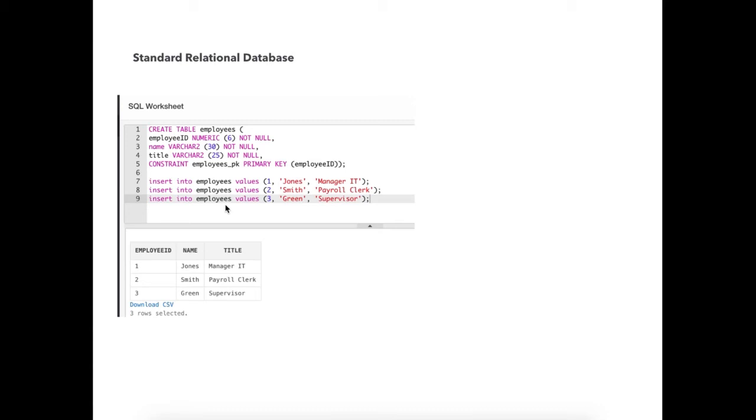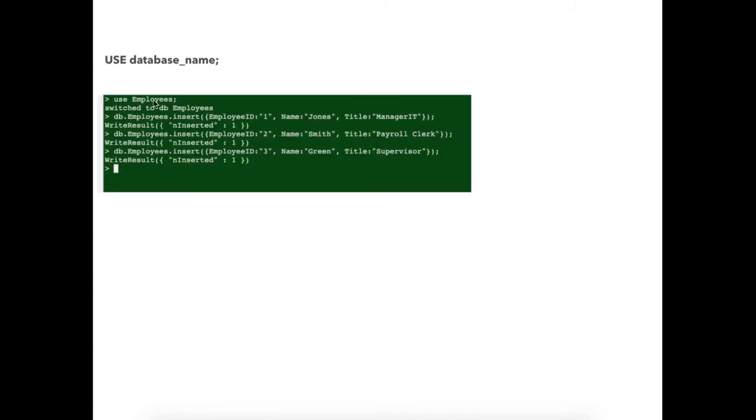We want the information to be identical so you can see and understand that the information is identical, but it's different how we insert the information and how we work with the information. So let's take a look here. First, to create the table, you use the use command, followed by the name of the collection. Therefore, I typed in use employees because that is what I would like my collection to be named.